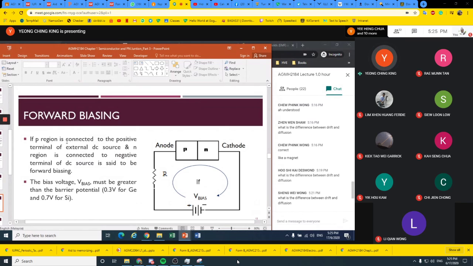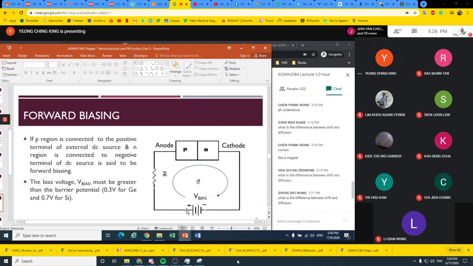If the P region is connected to the positive terminal of an external DC source, and the N region is connected to the negative terminal of the DC source, this diode can be said to be forward biased. So you can see the anode of the diode connects to the positive terminal, and the cathode of the diode connects to the negative terminal of the battery.